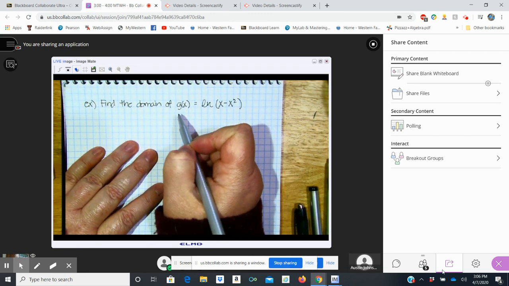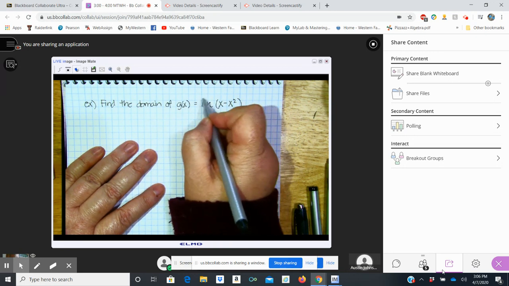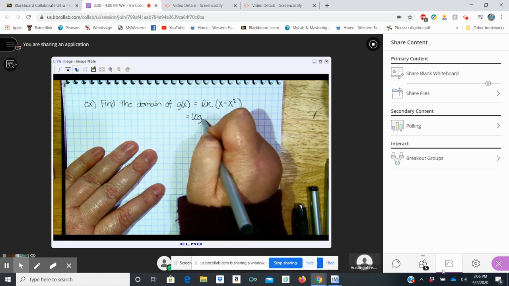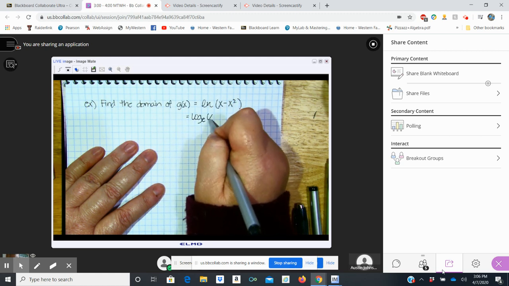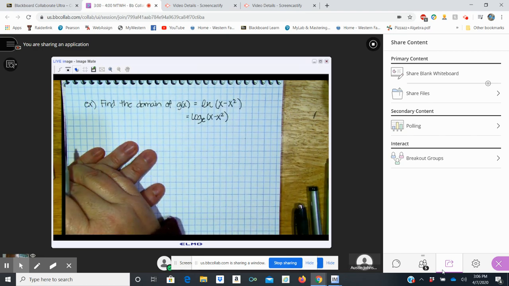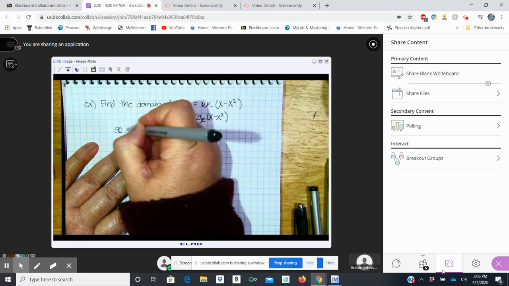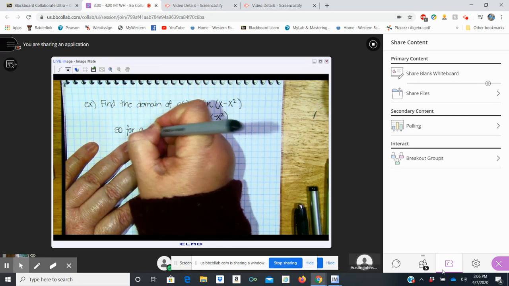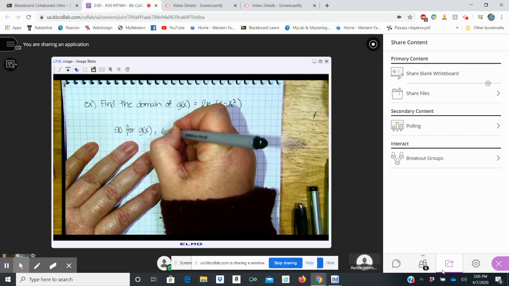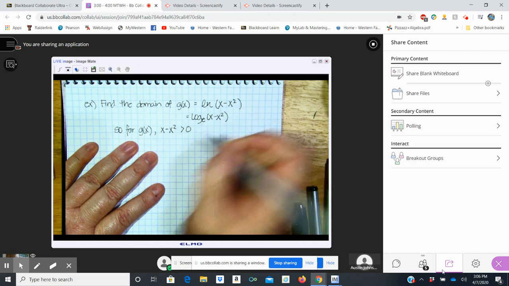Now, for this guy, it's important that you remember what the natural log is, that ln is the same as writing log base e of x minus x squared. So for g of x, it has to be true that x minus x squared is greater than 0.